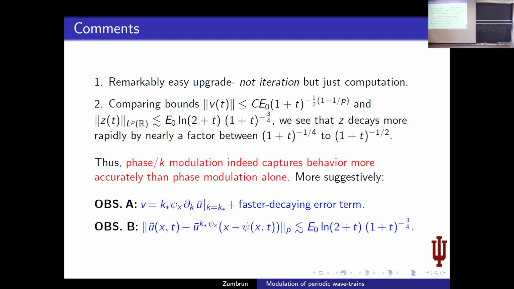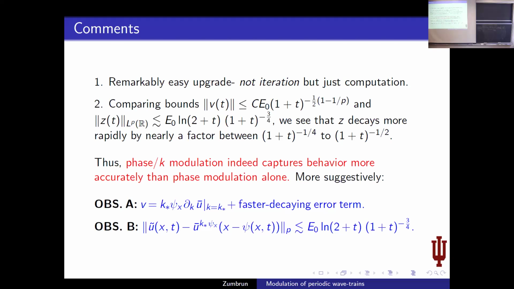Okay, so the phase plus K modulation is more accurate, with a couple of suggestive observations. This tells us that we expect V should be this, K star, the K modulation plus a faster decaying term. So we hope that this is the behavior and the rest is error.